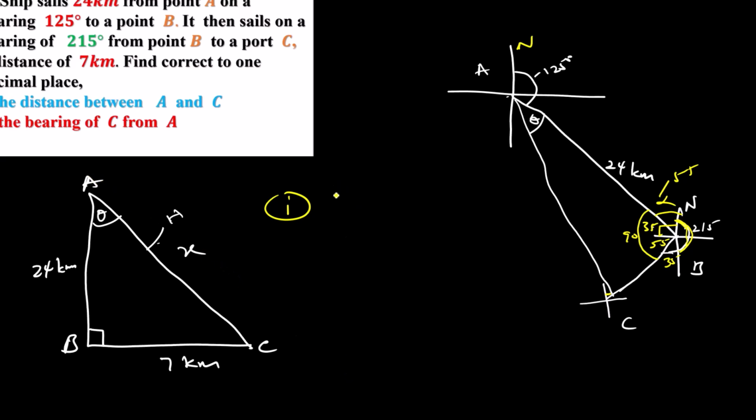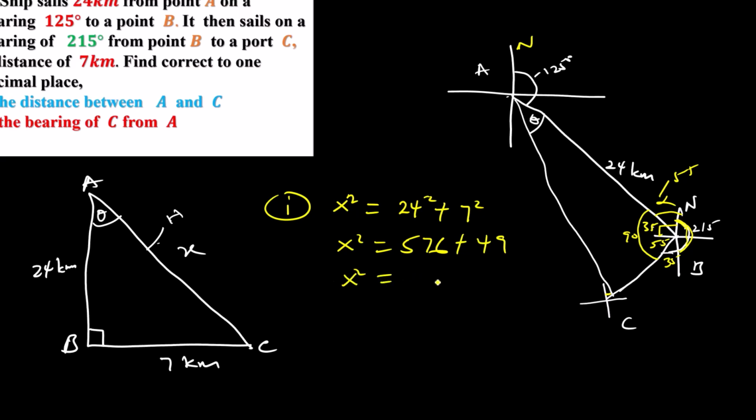So we have the longest side as AC, so x squared equals AB squared, which is 24, plus BC squared, which is 7 squared. So we have 24 squared, 576, plus 7 squared, 49.